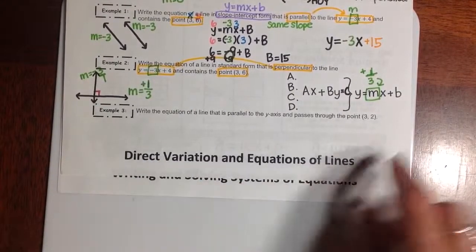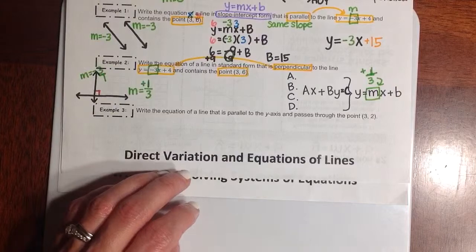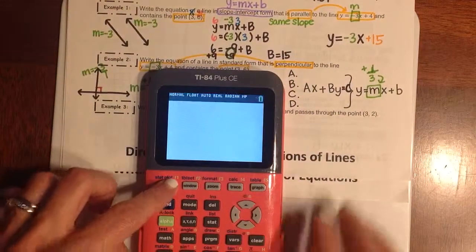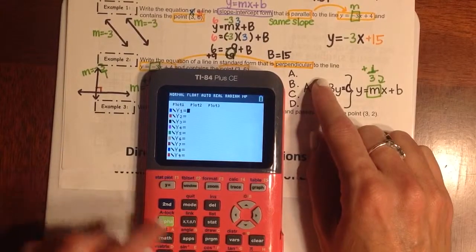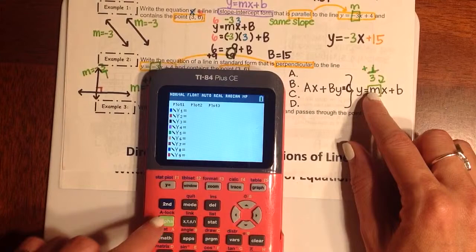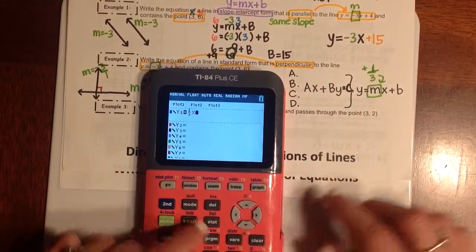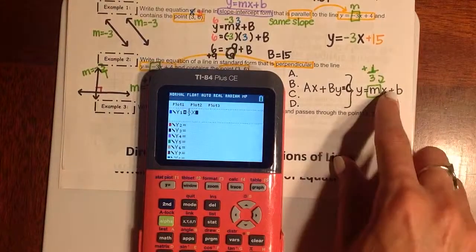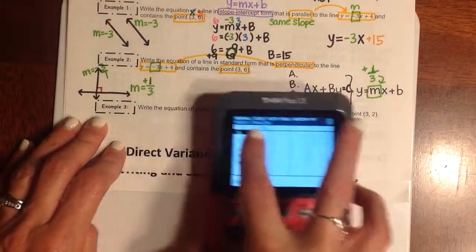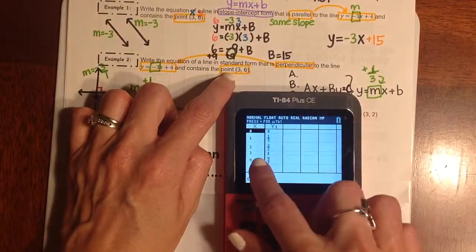After you get all your equations into y equals format, you can go to your graph, go to y equals, and type in all the answer choices that are remaining. Type in the answer choices that have 1/3 as their slope, and whatever their y-intercept is, and then go to the table and check which ones have the point 3, 6.